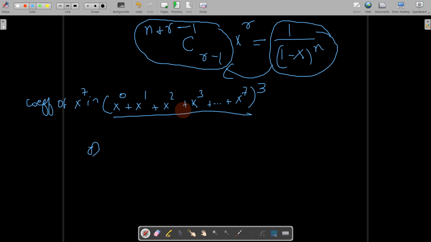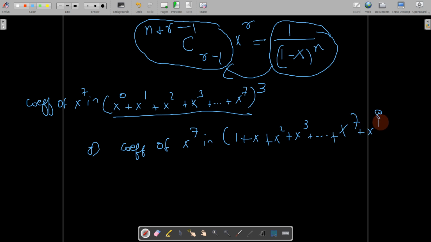And as we know, if I write it plus x power 8 plus x power 9, so x power 8 can never contribute to the coefficient of x power 7. So I can write it as the coefficient of x power 7 in 1 plus x square plus x cube plus so on, the infinite series, x power 7 plus x power 8 plus so on, power 3.